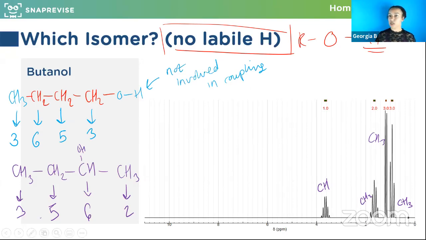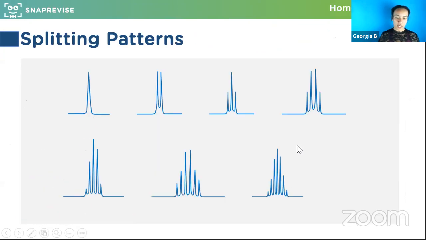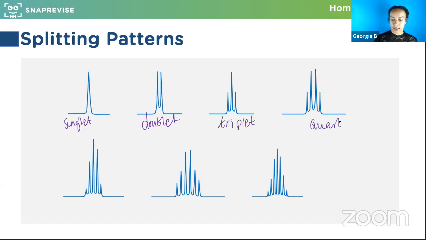But I'm just going to, do we have time? I'm just going to really quickly name the splitting patterns and then we're going to stop. So that first one, a single peak, is called a singlet. And just so you guys have it: the 2 splitting pattern is a doublet, 3 is a triplet, 4 is a quartet, 5 is a quintet, 6 is a sextet, and 7 is a septet.